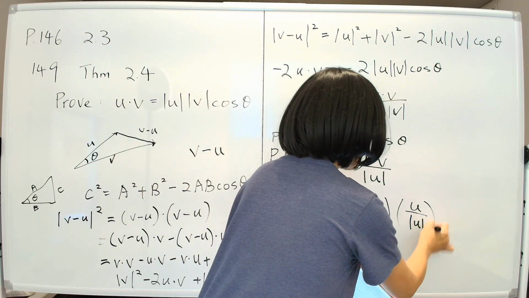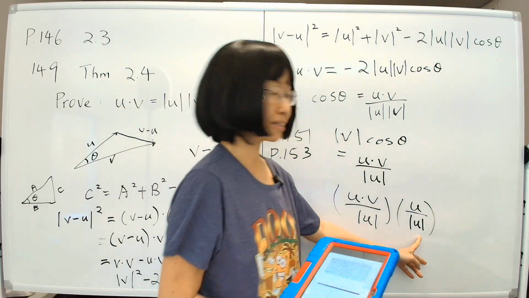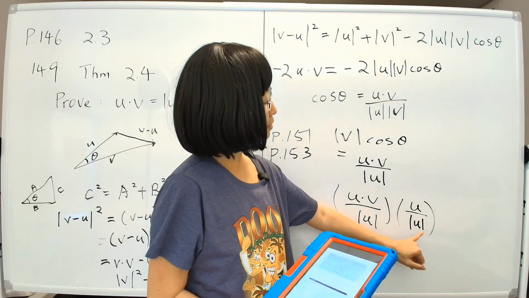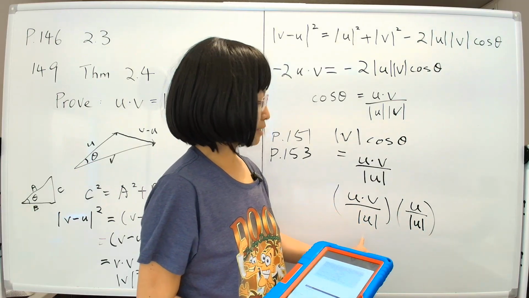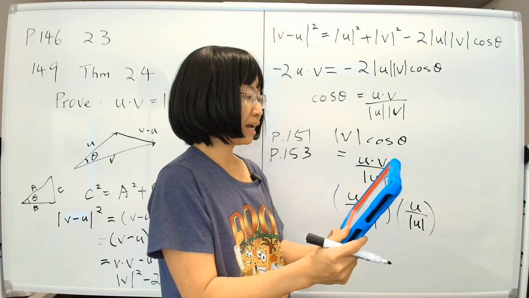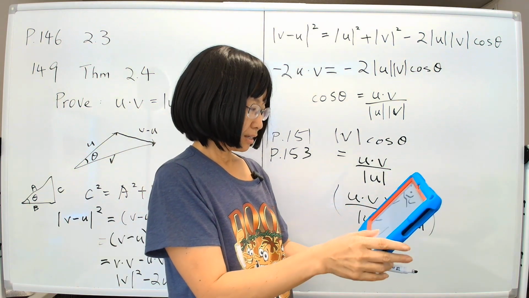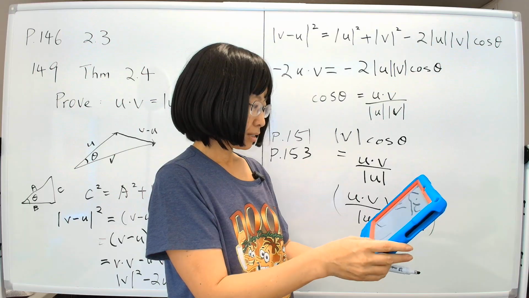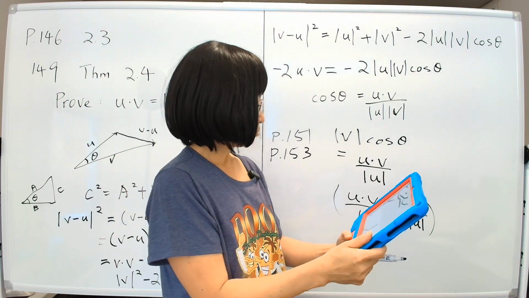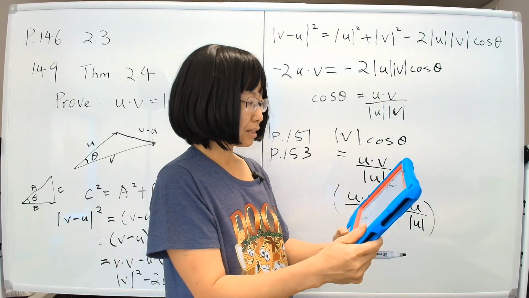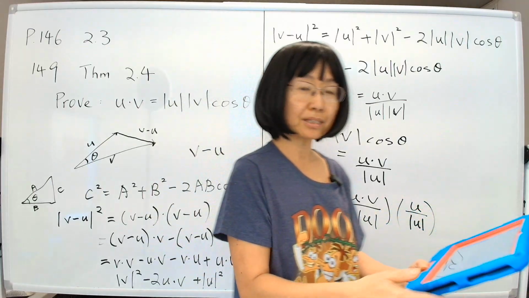That gives you the direction, because that's a vector of length 1, and together you get the whole vector. The length is also called the scalar projection, well, whatever.